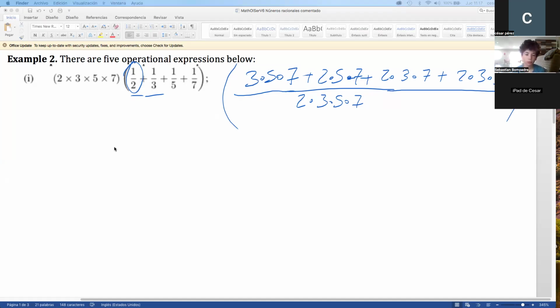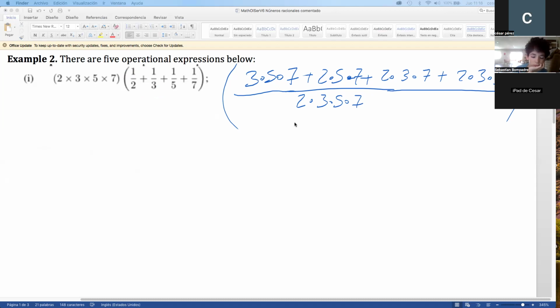Okay, let's try this. It's very important to write. I know that it's difficult to write on the screen, but we have paper.